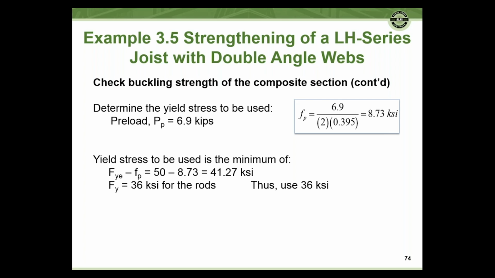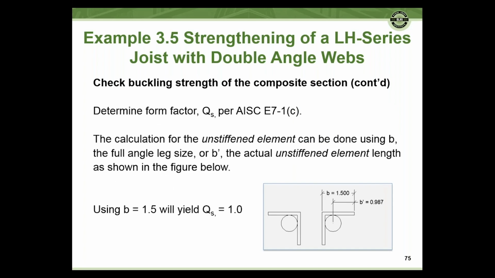So we subtract our current preload stress, or current pre-stress, and we get an available yield stress of 4.12 ksi. We're going to use 36 ksi rods, and we're going to check it based on 36 ksi for our repair, which will make this very conservative.